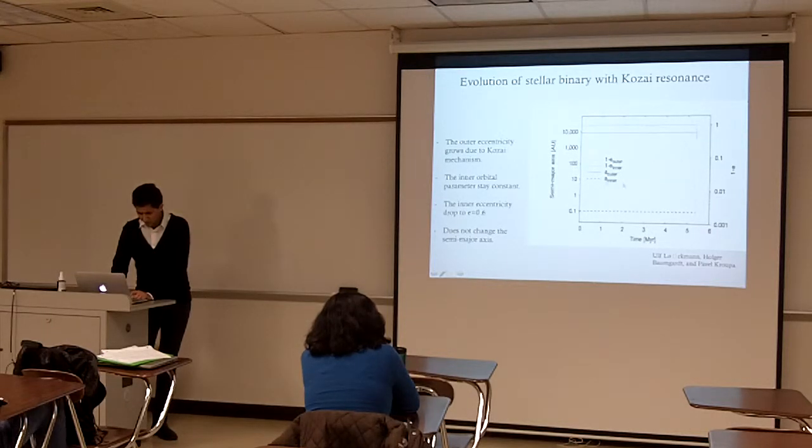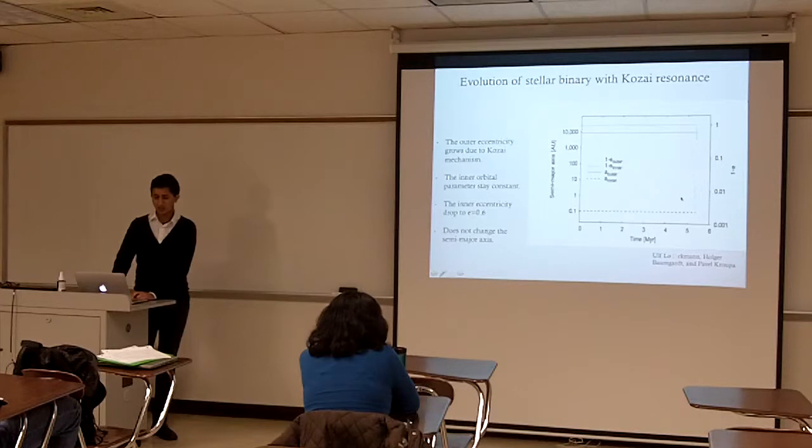For the semi-major axis, the outer and the inner are still the same, but the inner eccentricity goes constant until the age of almost 5, and drops here. The outer eccentricity grows so fast after the age of 3, due to the Kozai mechanism.